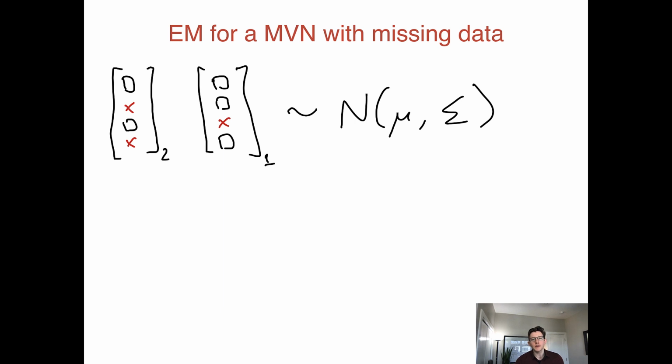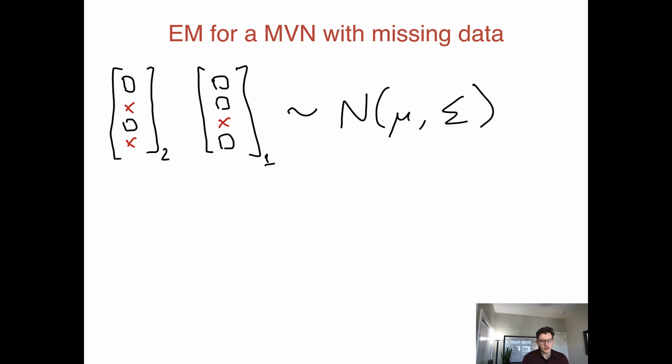Now, just intuitively, we could imagine that we ought to be able to do a reasonably good job at imputing these missing values, assuming there's some correlation structure within the data. So for example, let's say value 1 and 3 are correlated in practice. Then based on the examples where both are present, we should be able to learn that that correlation is the case.